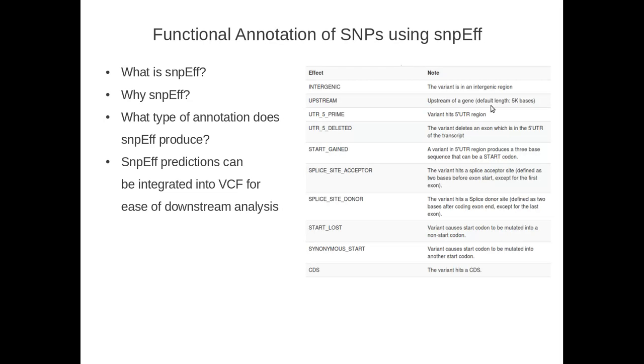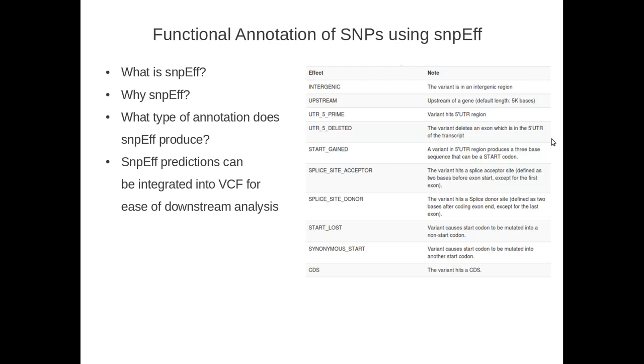So SNPF is essentially a software package that builds a database of the structural annotation from a GFF or GTF input. It then allows you to apply that database to your SNP data set, and in the end, what SNPF does is it gives you the annotation for individual SNPs in a VCF formatted file.